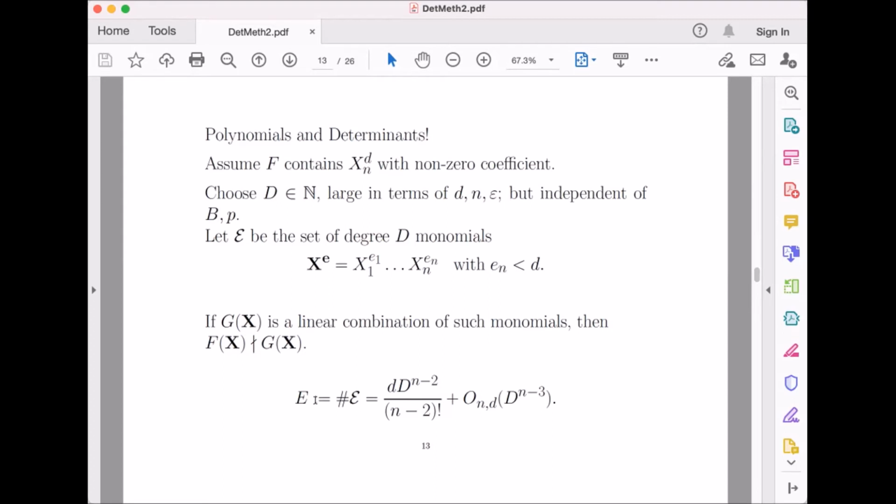We need to record for further use the fact that if capital E is the number of monomials we have, it is something like this quantity. It's easy enough as elementary combinatorics to get hold of this.